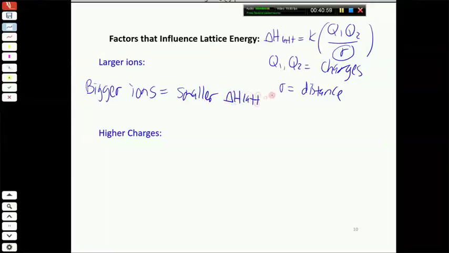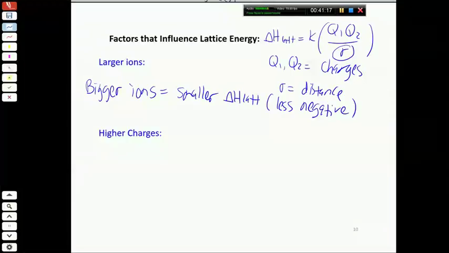And when we say smaller, we mean less negative. So we're talking about the magnitude of the lattice enthalpy here. Lattice enthalpy is always negative, and when we say smaller or bigger, we're talking about either more or less negative. So a smaller lattice energy is a less negative value, and that's what happens when you have larger ions.